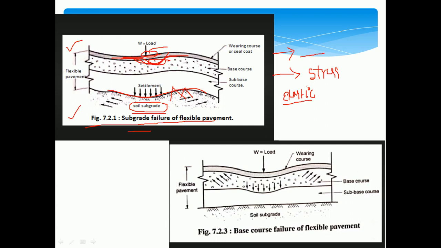And in plastic deformation, we can observe permanent deformation in the pavement surface. Elastic, consolidated, and plastic deformation are the types of deformation we may observe because of the wheel load acting on the road surface.